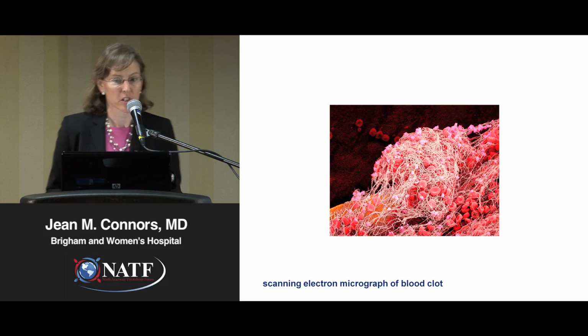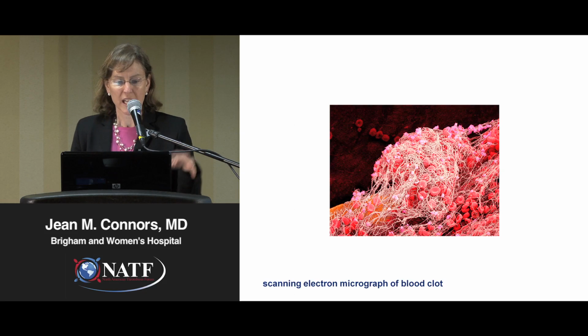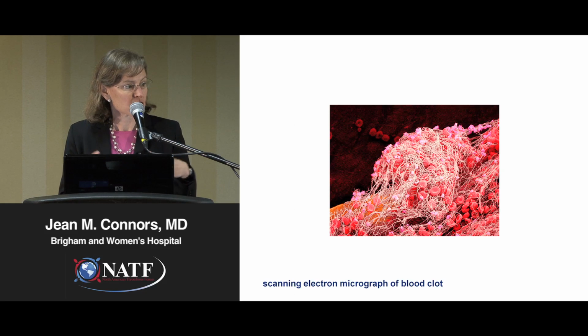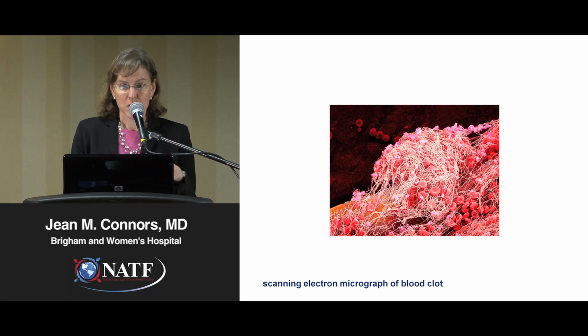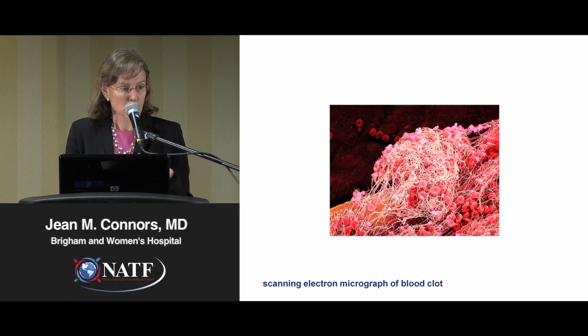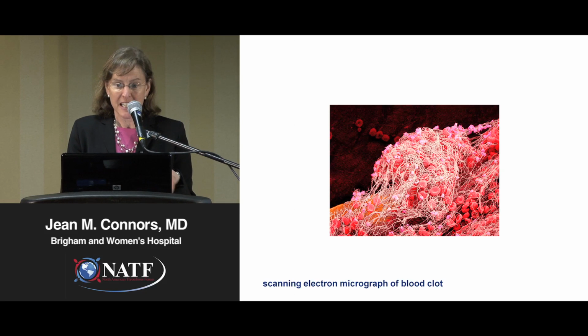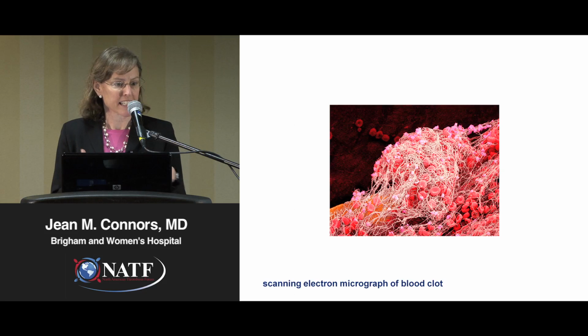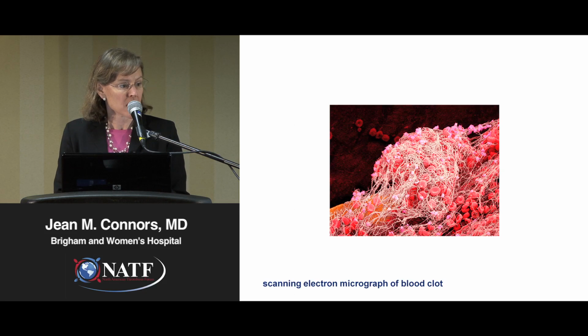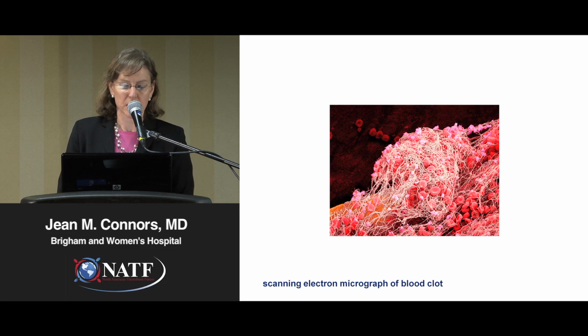But the real reason I want to show this picture is because of the white strandy stuff that looks like mesh. That's actually fibrin mesh. And that's what happens. Fibrinogen gets cleaved by thrombin, and then the fibrin gets cross-linked by another enzyme to make this mesh. I often refer to this as a cargo net type structure that holds the platelets in place and holds the red blood cells in place to close the hole in the blood vessel wall.